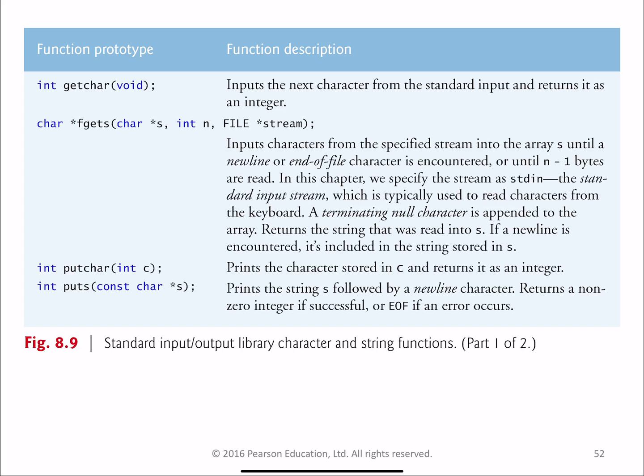What this does is it takes as input characters from a specified stream, that is the third argument over here, into an array S, that is the first argument, until a new line or end of file character are encountered, or until we hit the maximum limit of the array, which is n minus 1 bytes, and that n is specified as the second argument over here.